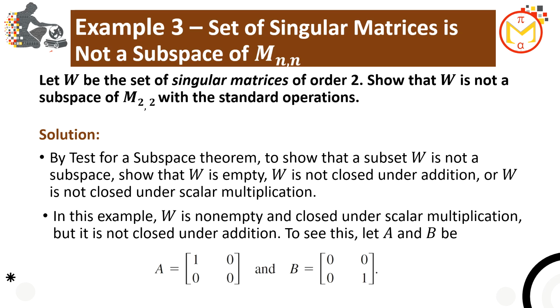So the determinant of A is equal to 1 times 0 minus 0, so it is equal to 0.